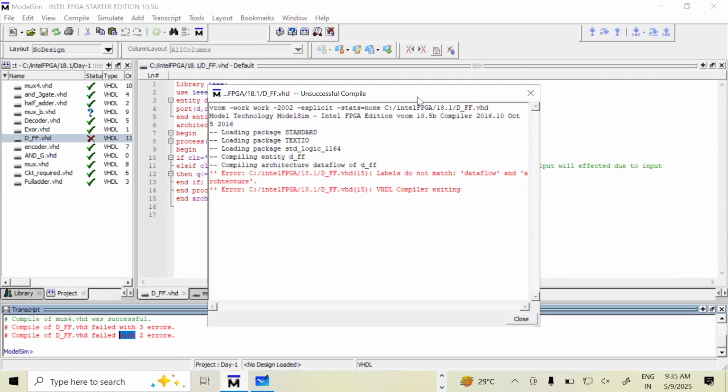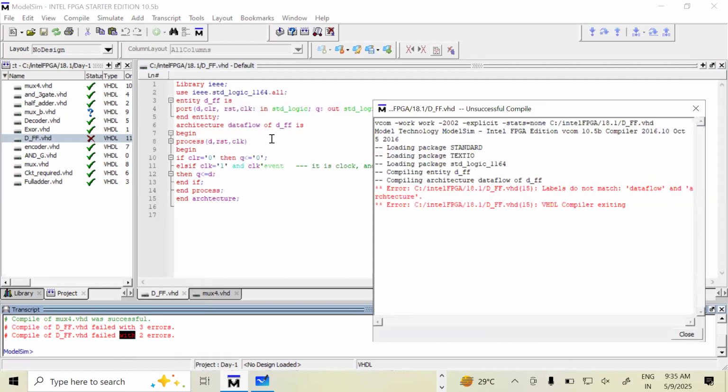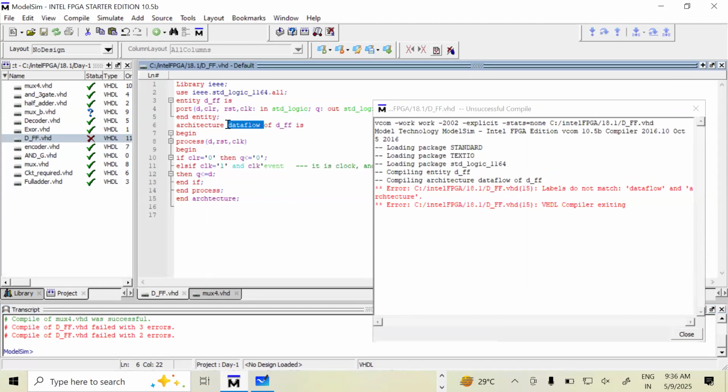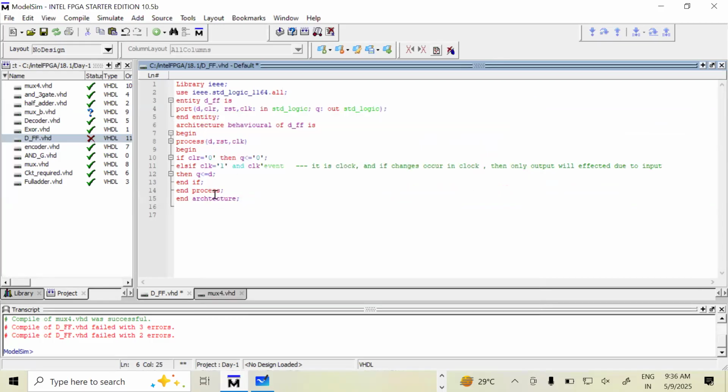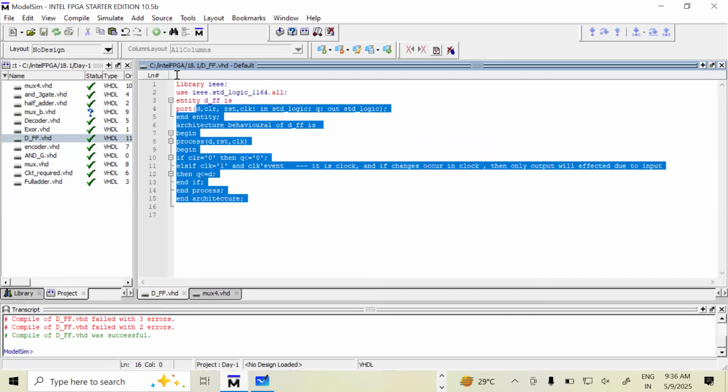Okay, the labels do not match with the data flow. Now see the D flip-flop, the compiler has successfully compiled this program.